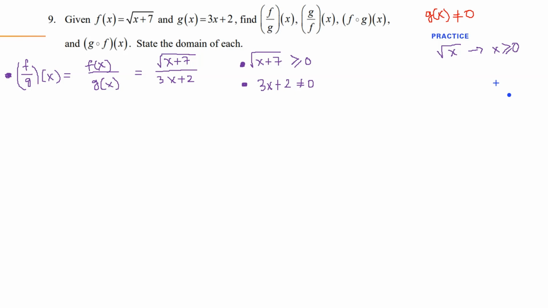Now for the first one, we square both sides. We'll have x plus 7 greater than or equal to 0. Then we will have x greater than or equal to negative 7, by subtracting 7 from both sides.